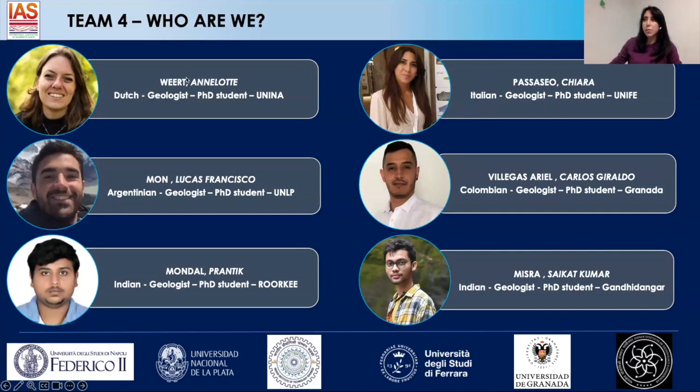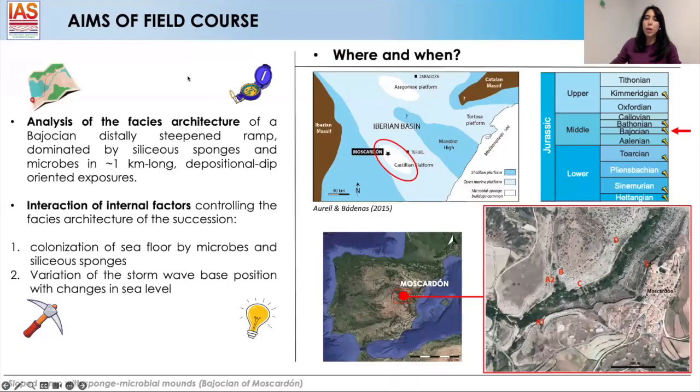The aim of this field course was to analyze the facies architecture of a Bajocian distally steepened ramp that was dominated by siliceous sponges and microbes, in about a 1 kilometer long depositional-oriented exposure.